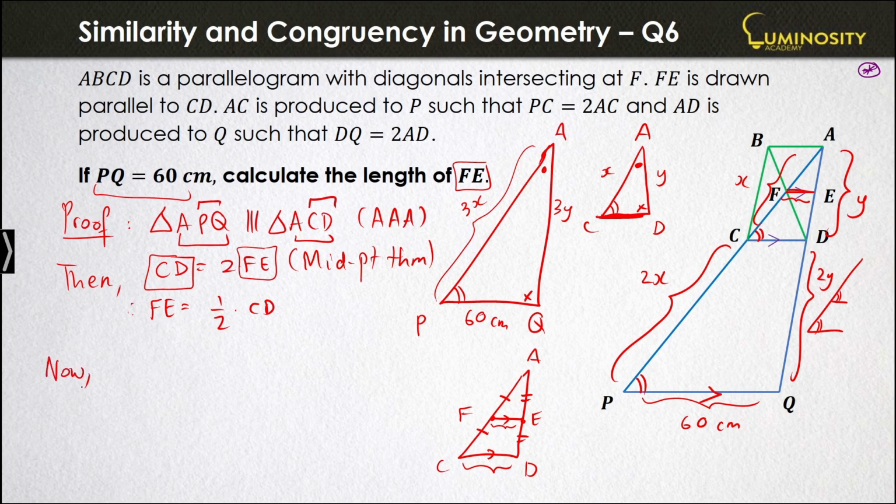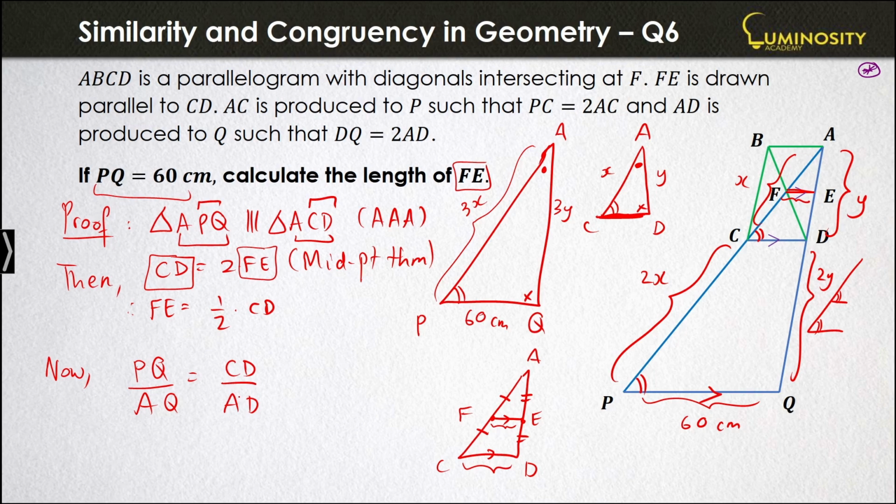So let's just correct that quickly. I'm going to go PQ over AQ. That's going to be equal to CD over AD. So I know PQ is 60 centimeters, that was given.